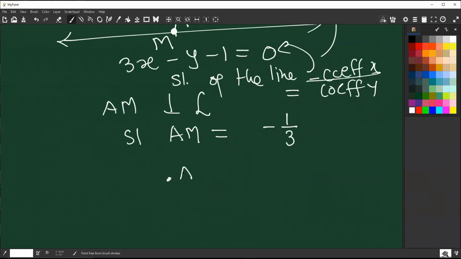अभी A point है (-2, 3) and ये मेरा M है जो मैं समझो पकड़ती हूँ (h, k)। So what is the slope of AM?